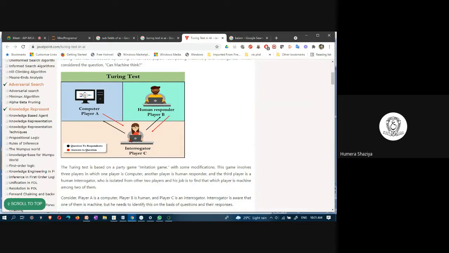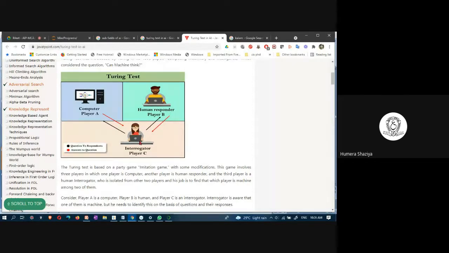Now the Turing test begins with this interrogator. The interrogator poses a question to the human responder and to the computer. Consider this to be room A and this to be room B. If the interrogator cannot distinguish whether room A has a human or a computer, and whether room B has a computer or a human, then it is said that the machine has achieved artificial intelligence, because the interrogator could not distinguish between a human and a machine.